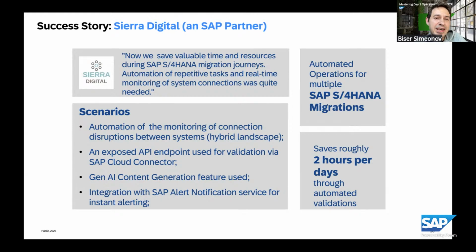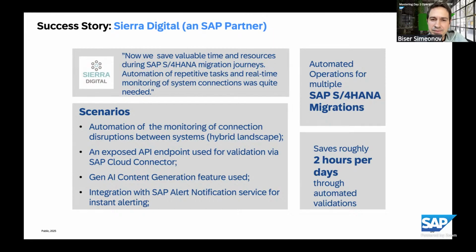These guys used the automation pilot for a use case related to the S/4HANA migration journey, making sure that the connection in their hybrid landscape between BTP and the on-prem landscape is functioning correctly. They fully automated that process, which had been causing them trouble.